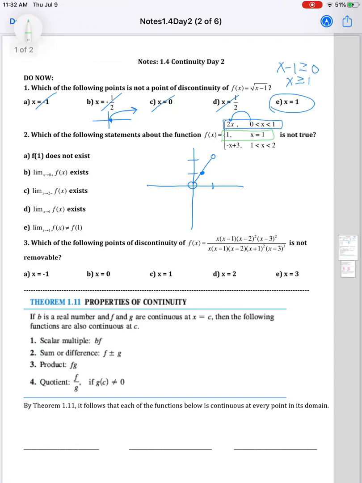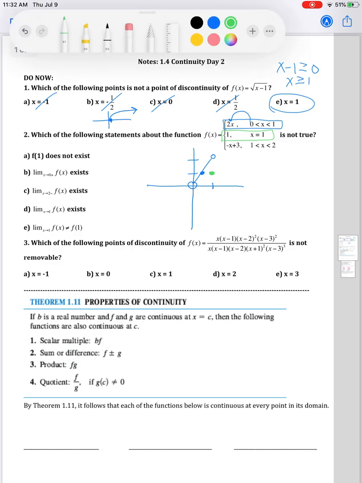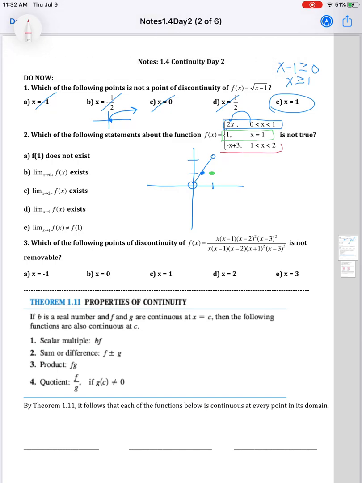Piece number 2 is in the middle right here. It's telling us that when x is equal to 1, the y value equals 1. So at 1, 1, I get a point. There's piece number 2. Now for piece number 3, again, I have another linear function.